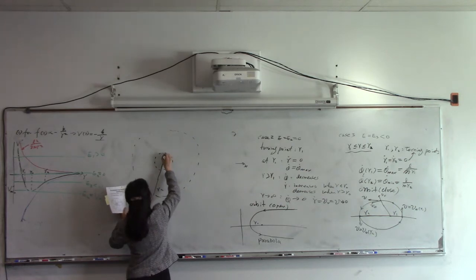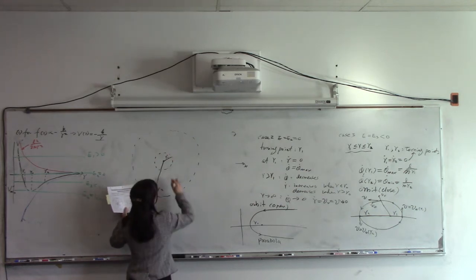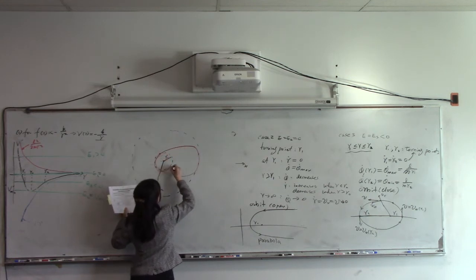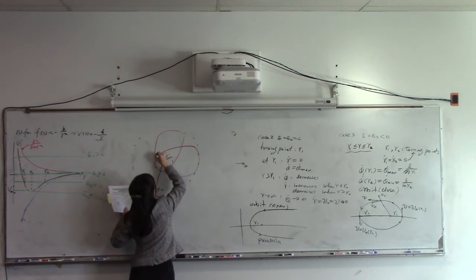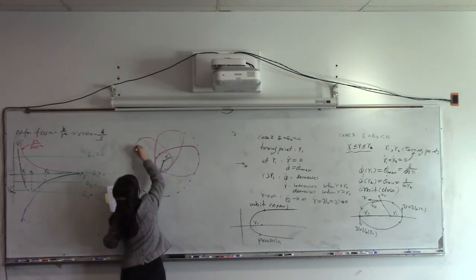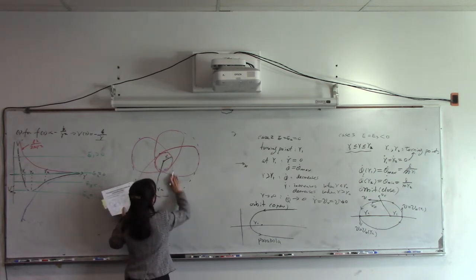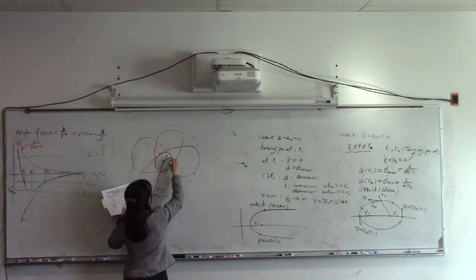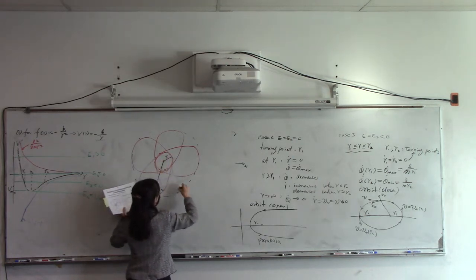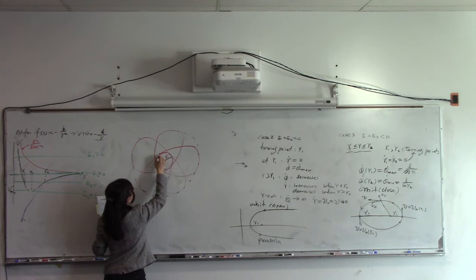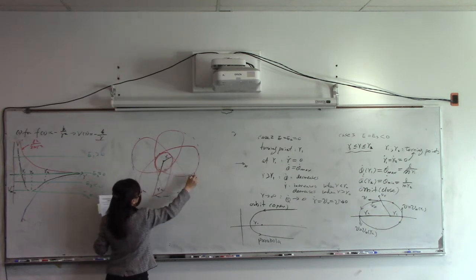Okay, so the orbit always goes like this, and then comes back to here. So you see here, you always have a small circle inside, which keeps R1, and a larger circle outside. But they will not go back to the same orbit.